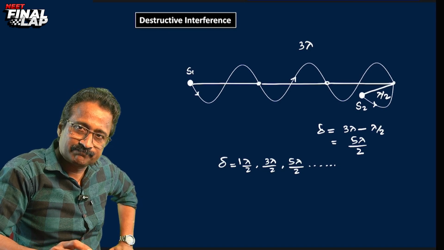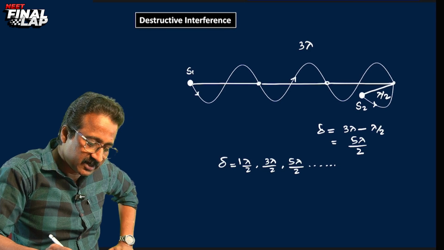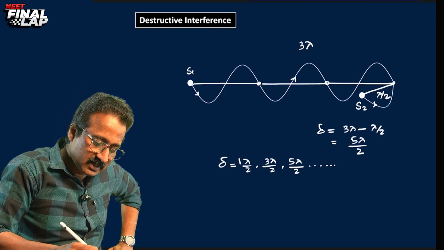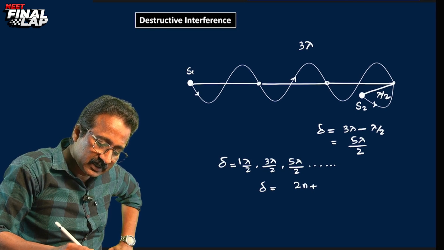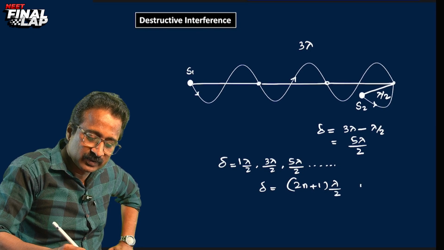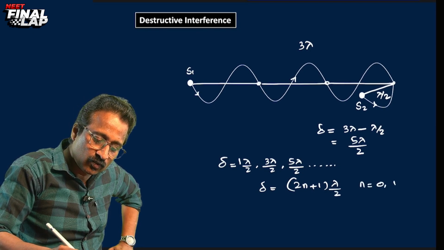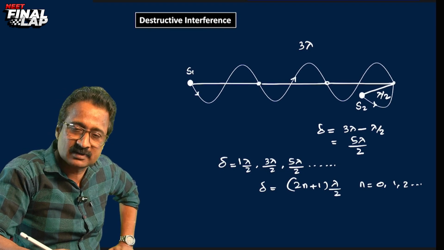This is a condition. Now let us see how this can be expressed in a better way mathematically. Yes, I could use two ways to describe this. Either you can say del is equal to 2n plus 1 lambda by 2, where n is equal to 0, 1, 2, 3, etc. That is one way you can describe destructive interference.